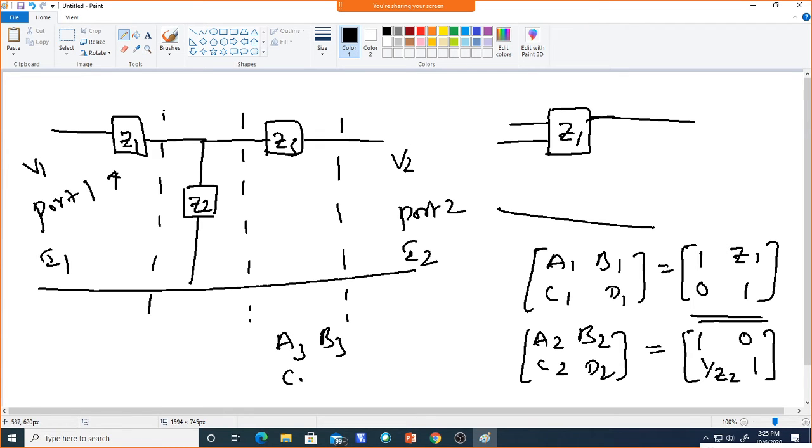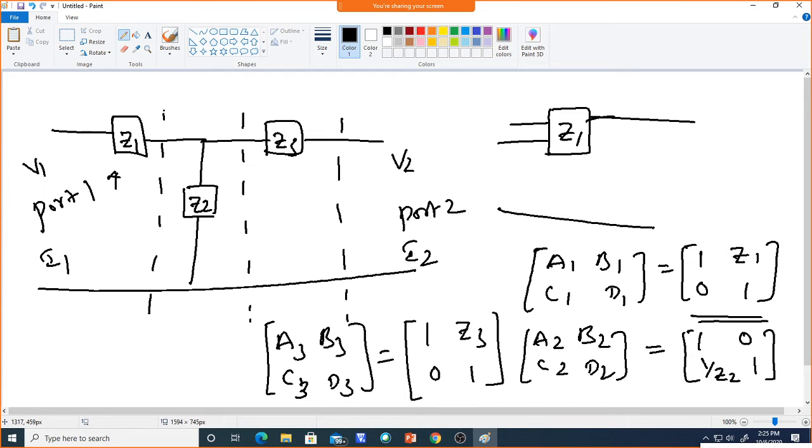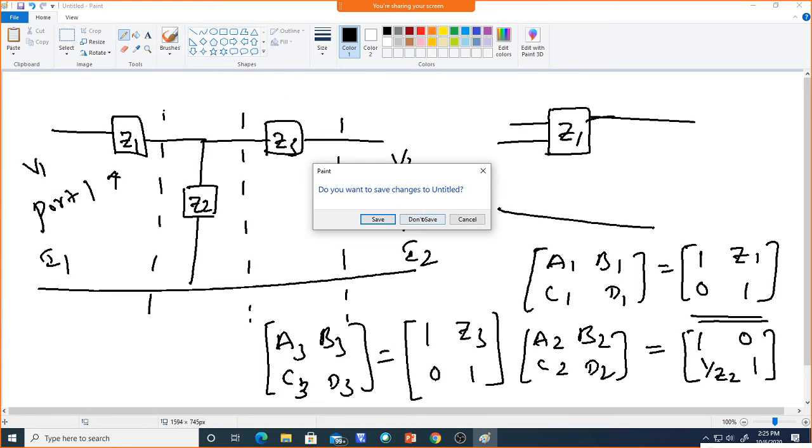A3, B3, C3, D3. So now this is the third one. Again it is a series one. What is the series one? 1, Z3, 0, 1. So now multiply the corresponding ABCD networks. What will you get? The resultant ABCD.